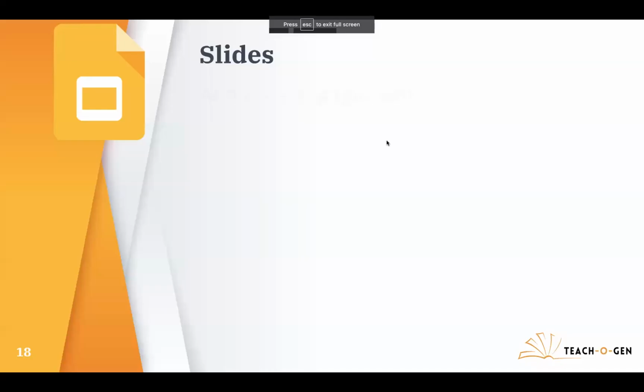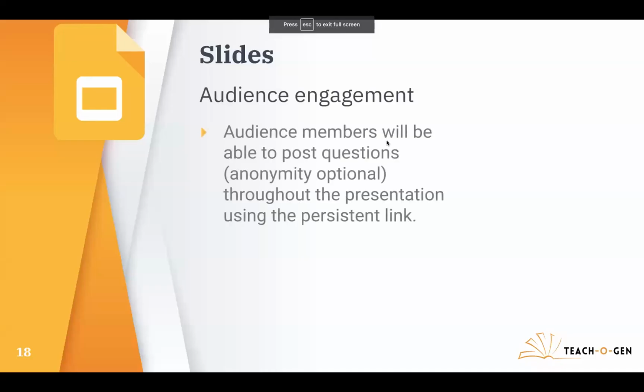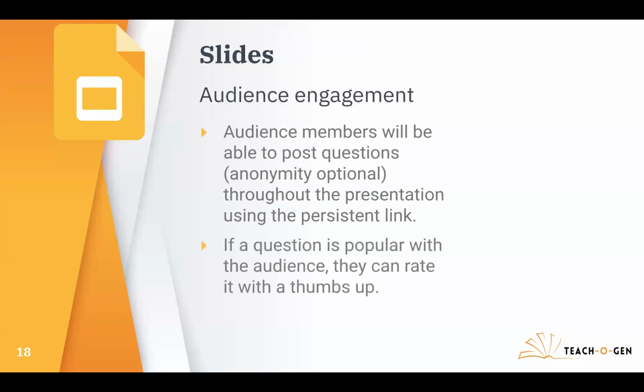So now let's have a quick look at Google Slides. It is one of my favorite Google apps, which helps me have maximum audience engagement. Audience members can post questions, with their name or anonymously, during the presentation using the link, which I will show you now.